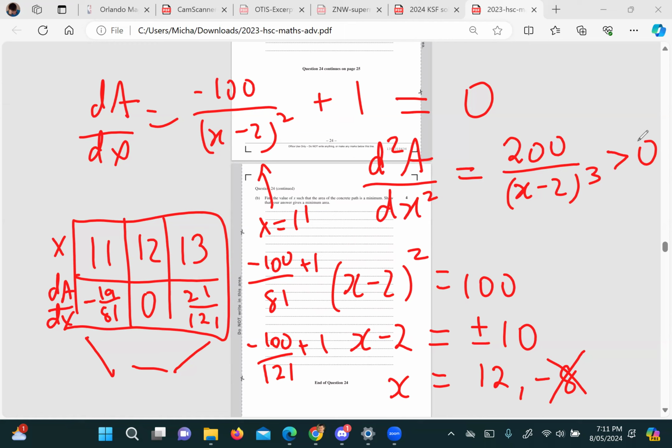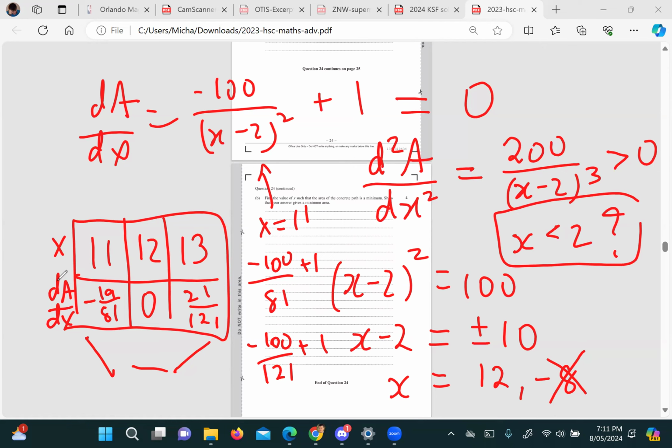Wouldn't it be negative between x equals 0 and 2? Yeah, good. So what happens if x is less than 2? Can x be less than 2? It can't, for it to be greater than 0.